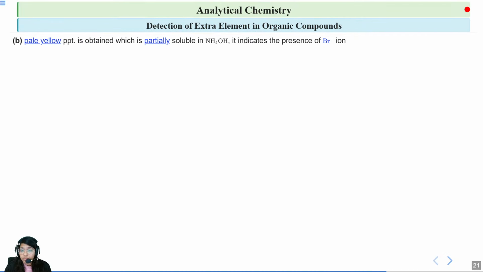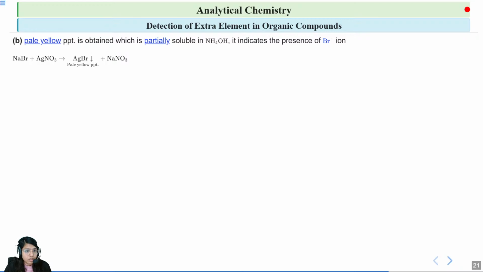Now, if the formation of a pale yellow precipitate occurs that is partially soluble in NH4OH, it indicates the presence of bromide ion in the organic compound. So, in this reaction, sodium bromide, NaBr, reacts with silver nitrate, AgNO3, to form a pale yellow precipitate of silver bromide, AgBr, and sodium nitrate, NaNO3, in solution.